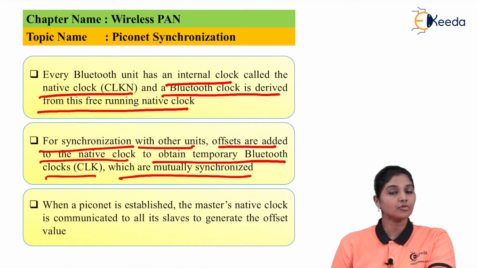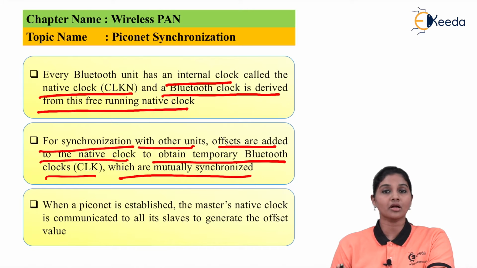So in order to transmit and receive the data, or to perform the operation in a synchronized manner, the Piconet synchronization concept is used. For that purpose, we use an internal clock of the Bluetooth called the native clock, and the Bluetooth clock is derived from the native clock.